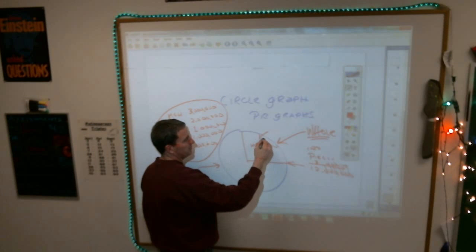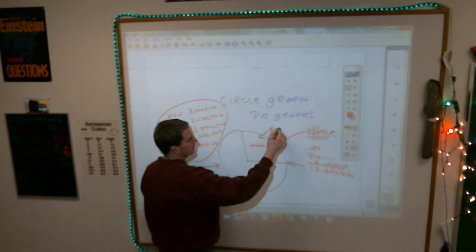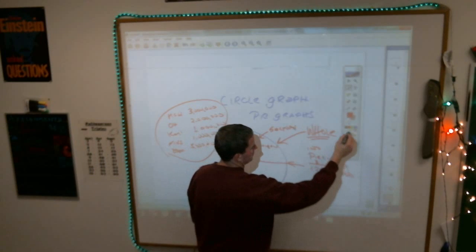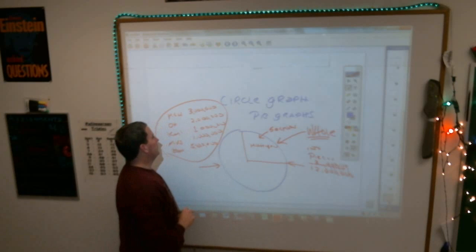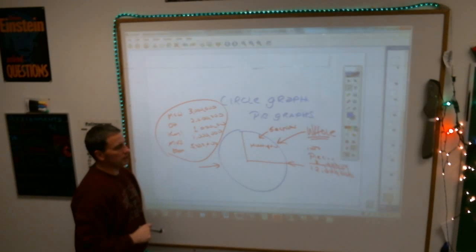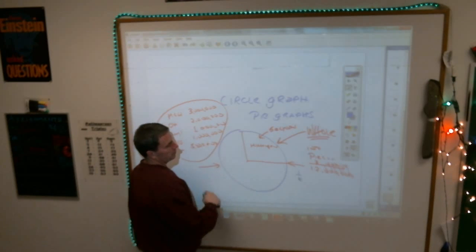This little pie piece, in math we don't necessarily call them pie pieces, we call them sectors. What sector does Michigan get? Michigan gets 1/4. How big would Ohio get? Ohio gets 2 over 12, reduces down to 1/6 of this whole circle.